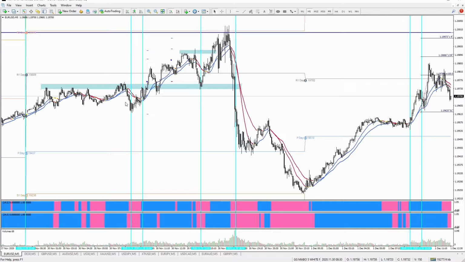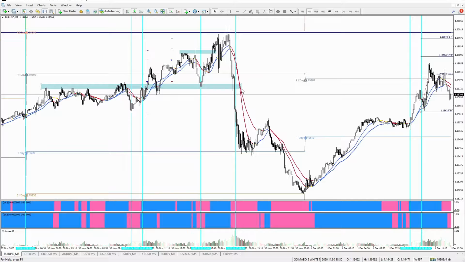You remember, if you've seen the video yesterday, or the day before, I can't remember, that there was this area here that was acting as a resistance and then started acting as support.